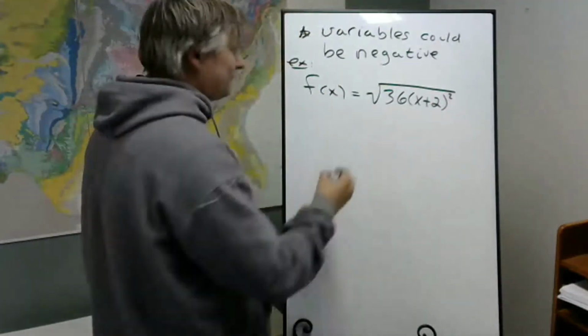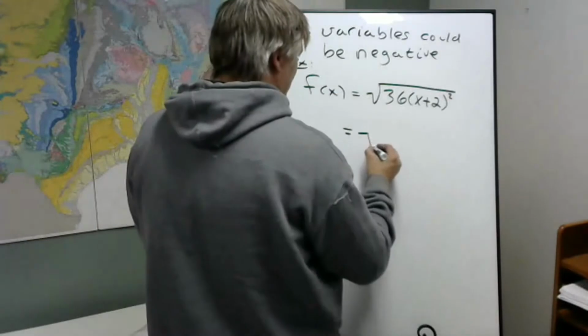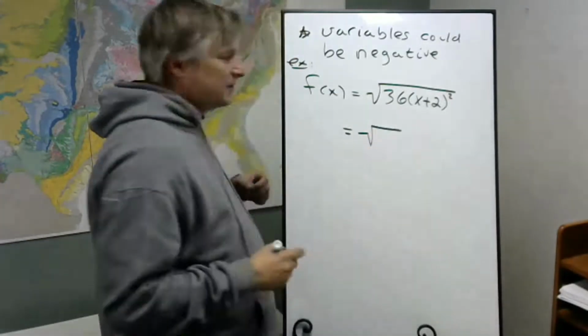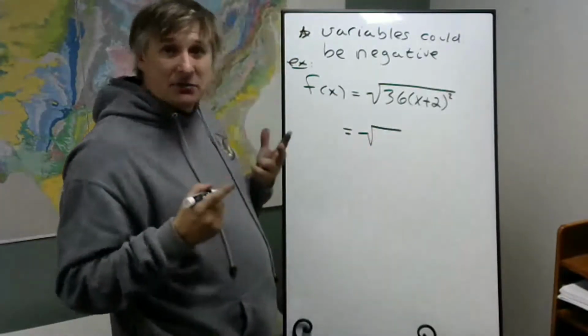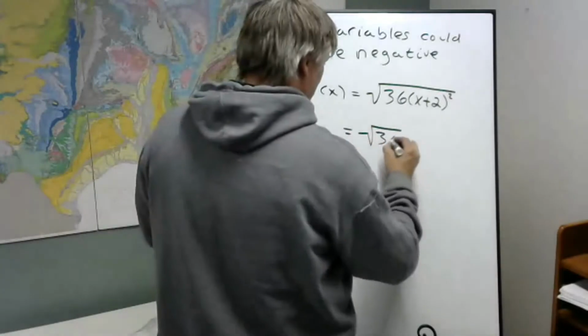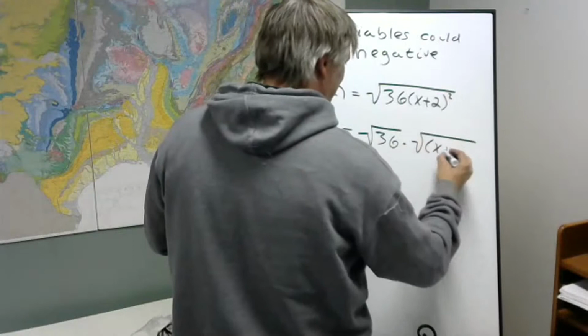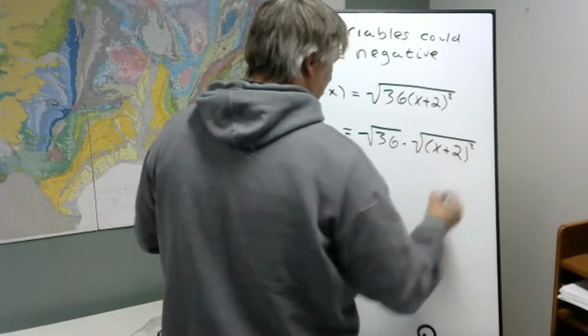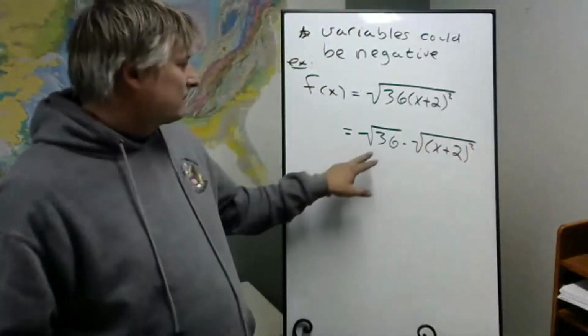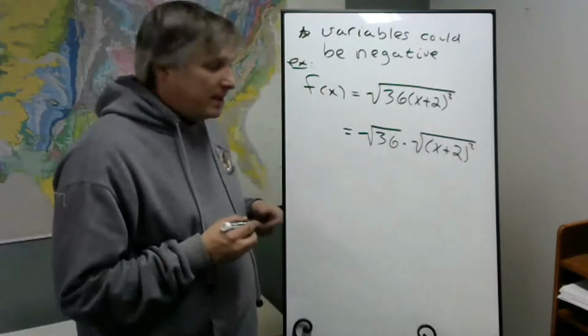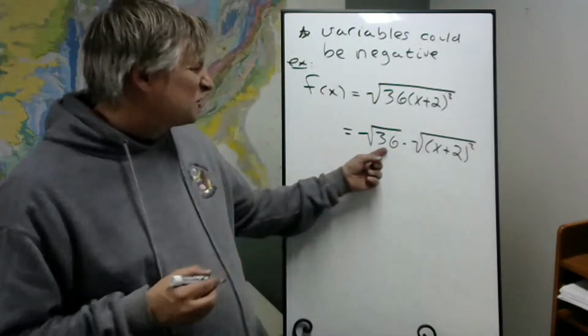Now again, square root of 36 is 6. We have a square root. So we're going to try to simplify this. Now, we could approach this different ways. We can say that, well, this is 6 squared.